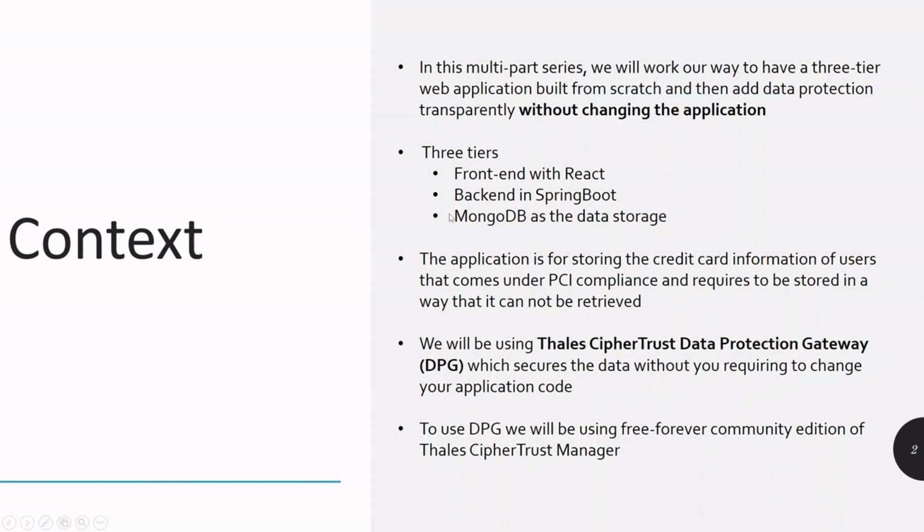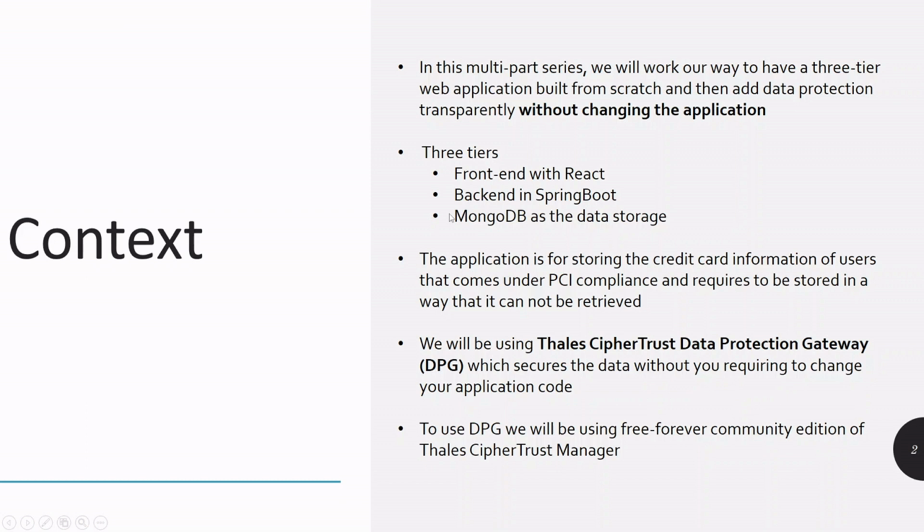We will then add a Thales CipherTrust Data Protection Gateway to that application. And the beauty of that product is that you don't really need to make any changes to your application to add things like cryptography or security. You can add Data Protection Gateway as a standalone container, and then we will work through all these things, but you can then define certain policies based on which data can be protected and revealed, and all these things can be done for free.